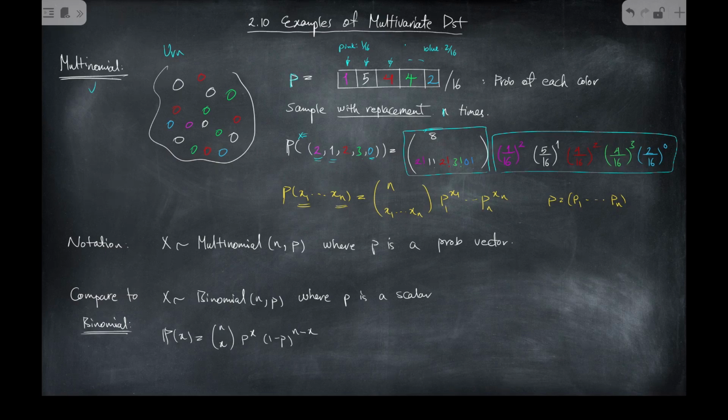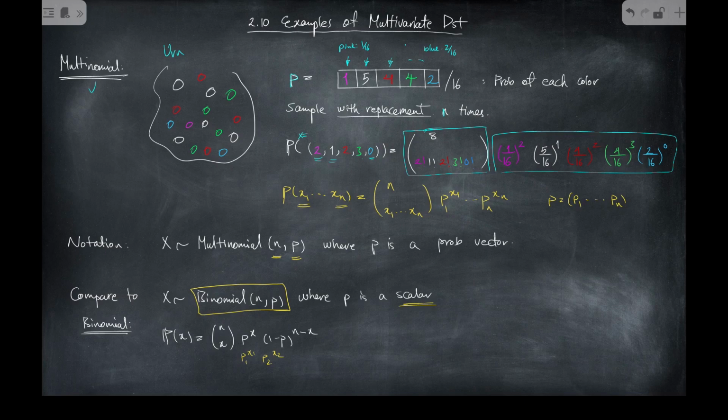So we have n, the number of trials, and P is the probability vector. And if you compare it with the binomial, you see that it's the same. So the binomial has 2 parameters. Remember, binomial is you flip a coin n times, and the probability of success is p. So the probability of success here is a scalar. And the formula is kind of similar. So this is your P1 to the power of x1, and this is your P2 to the power of x2.